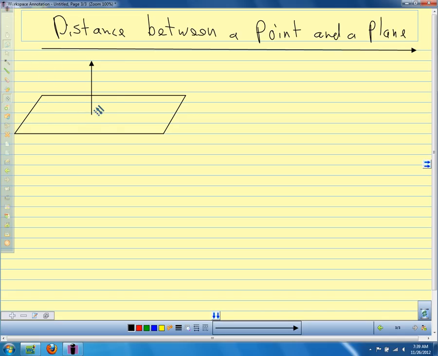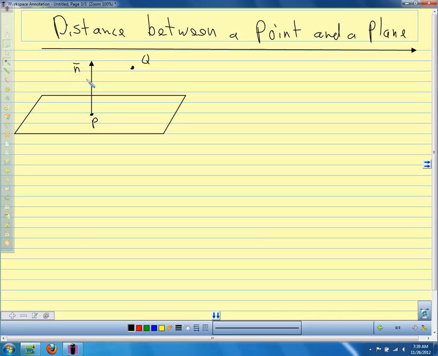And here is a point over here, Q. We like our point P to be on our plane. Here's point P. And this is our normal vector N here.